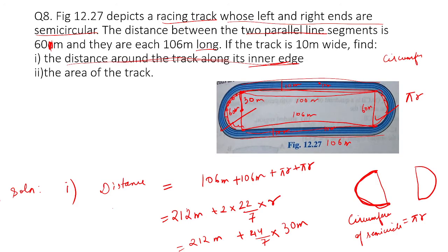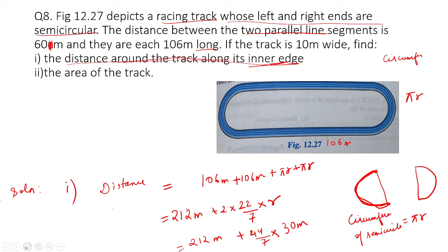Next, we're asked to find the area of the track. When we talk about the area of this track, we're just talking about this given track. So what I can do is take the area of this bigger rectangle, whose length is the same, 106 meter, and the breadth is 80 meter, and subtract the area of this smaller rectangle, whose breadth is 60 meter and the length is the same, 106.